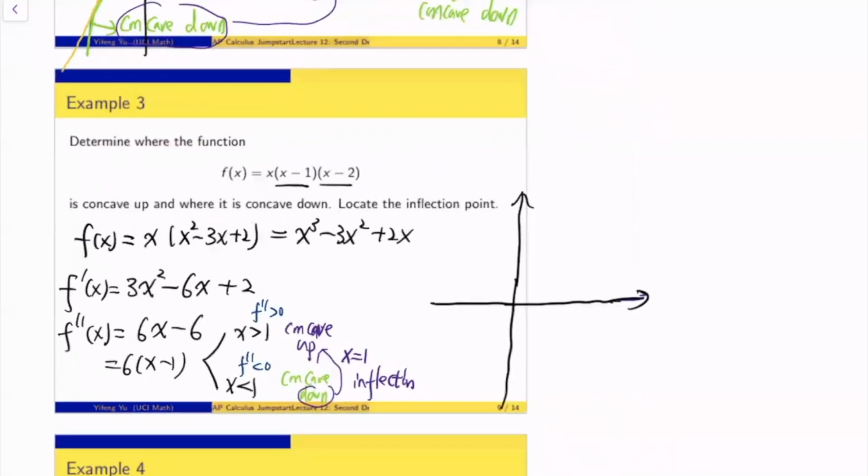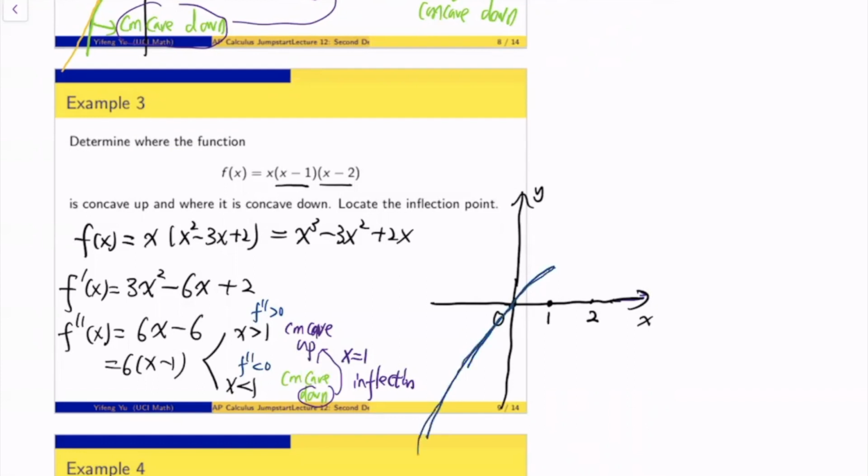First of all, we notice the function has three roots: 0, 1, and 2. And 1 is the inflection point. When x is less than 1, the function is concave down.